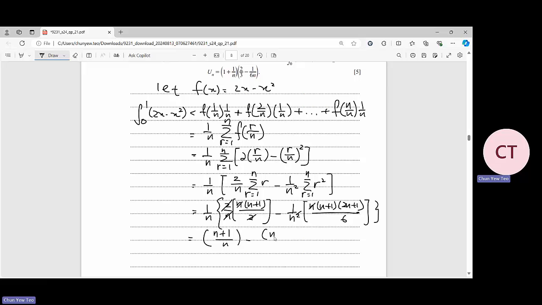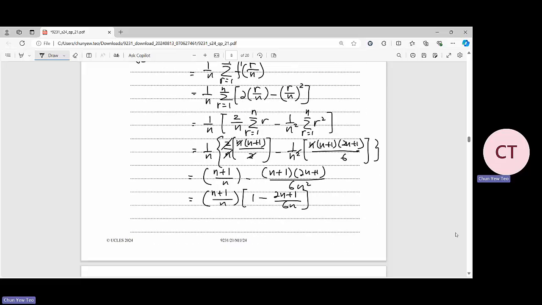You have n plus 1, 2n plus 1 over the 6n squared. So over here, you can see that n plus 1 over n is a common factor. You can factorize it out. So over here, you will get 2n plus 1 over the 6n.